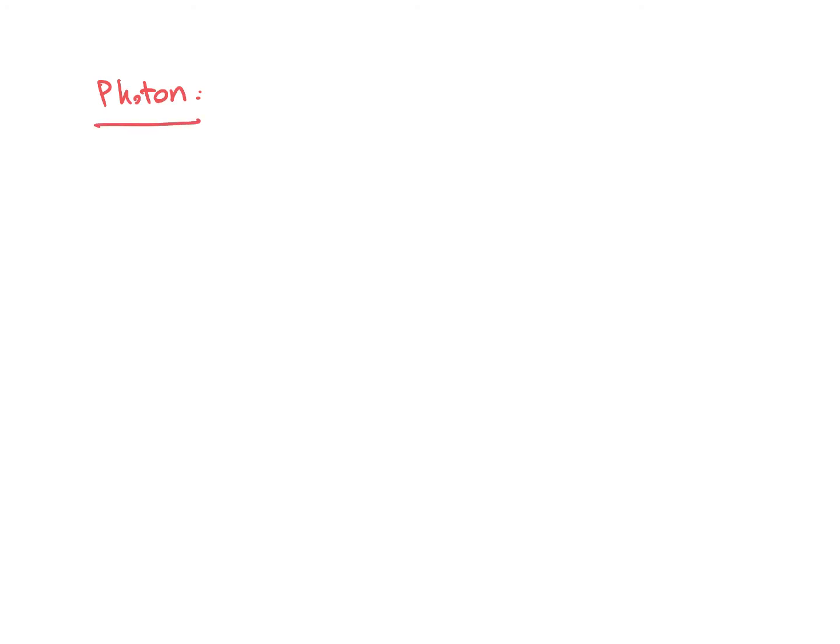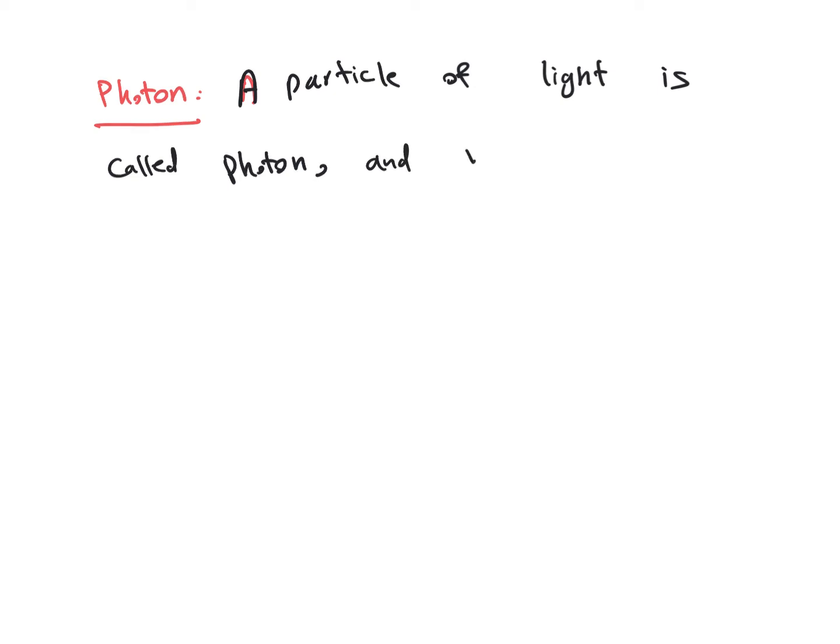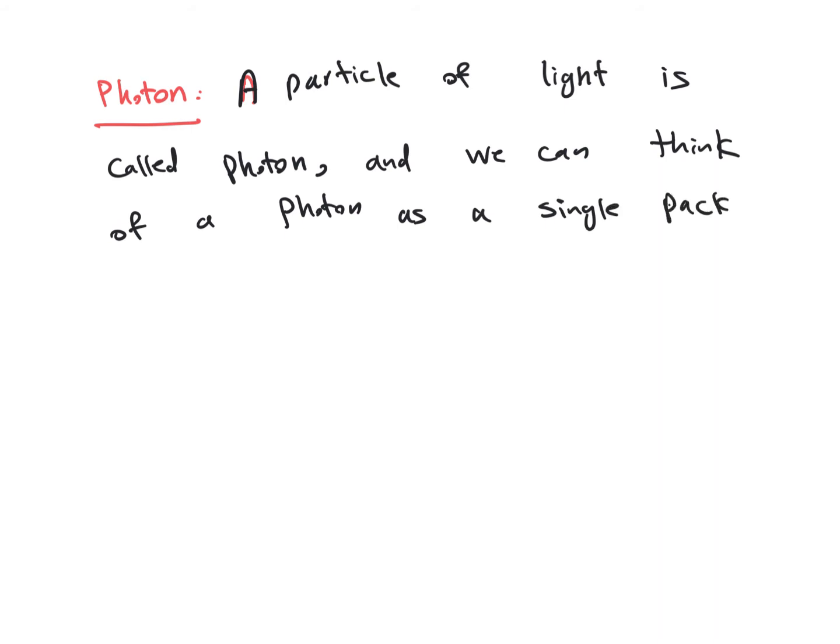So we define, I write it with black, a particle of light is called a photon. And we can think of a photon as a single packet of light energy.